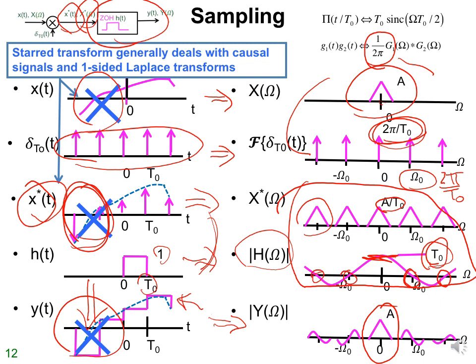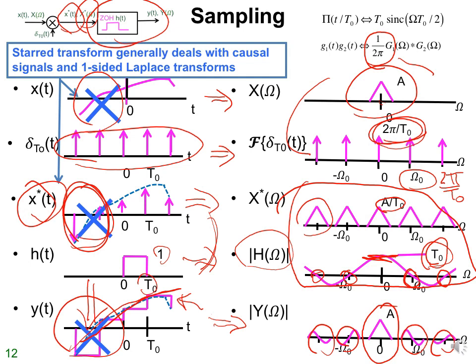Again, don't forget that the starred transform is restricted to causal signals, and so we put an X out as a reminder that we have causal signals at all the points here.